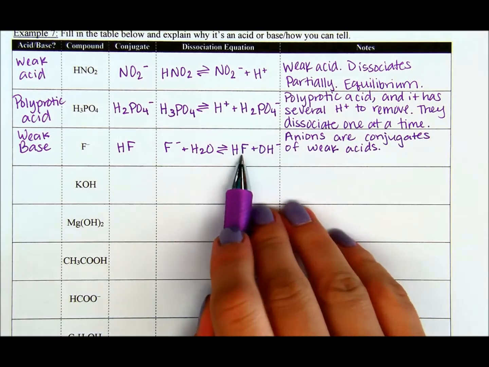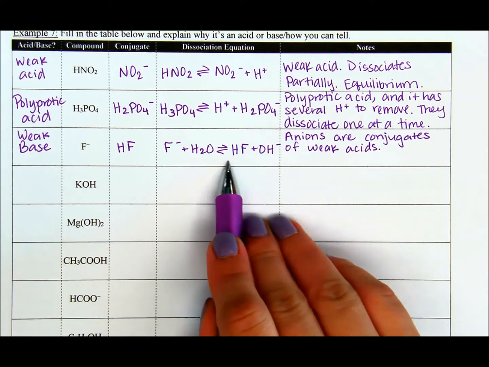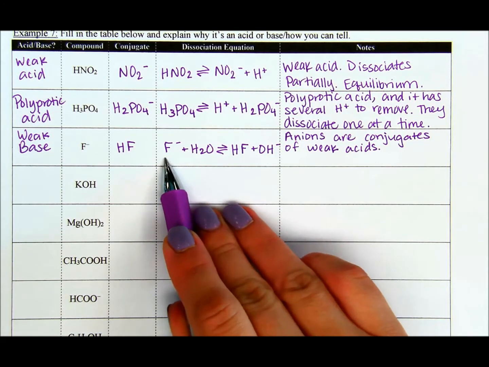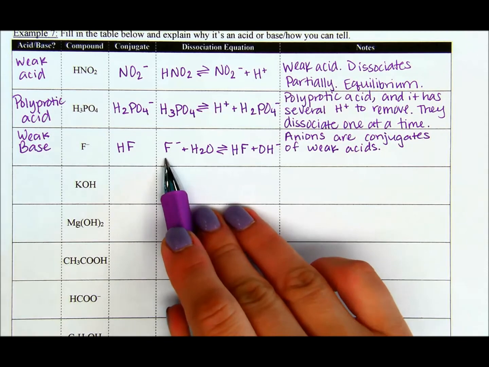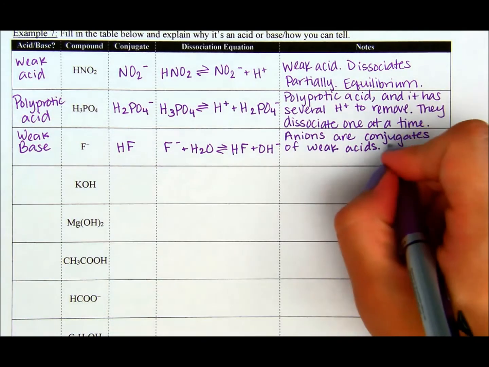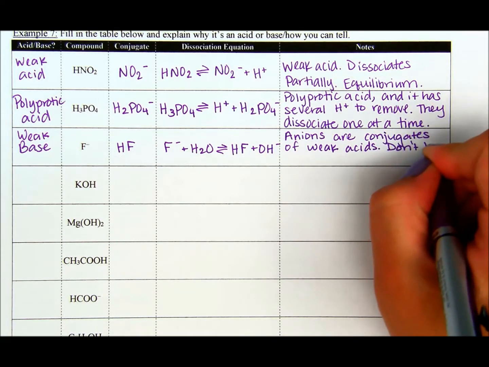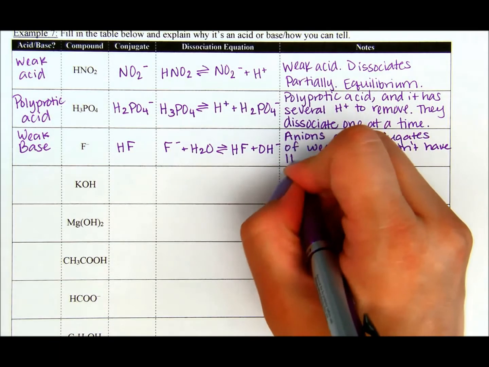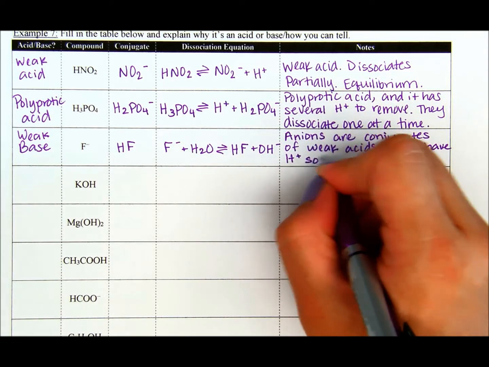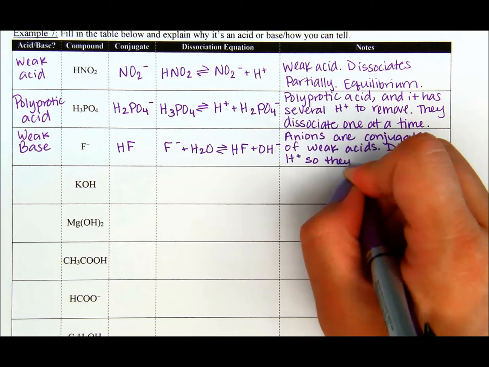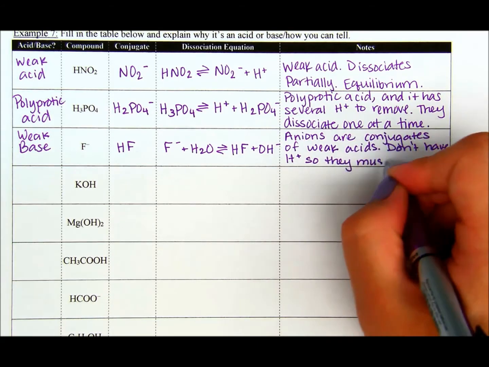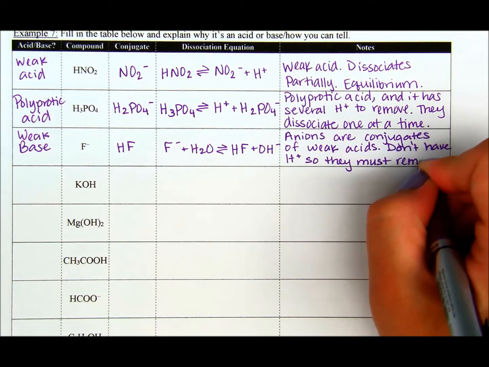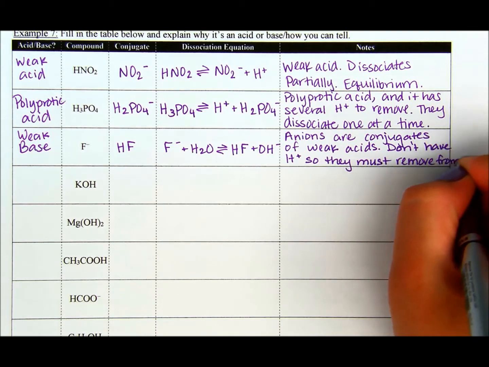What that means is here we have a weak acid, and the conjugate base right here is F minus. That's just the anion. They don't have H plus, so they must remove H plus from H2O.